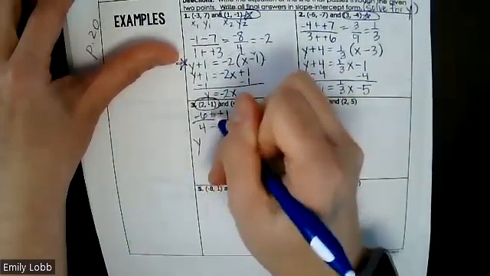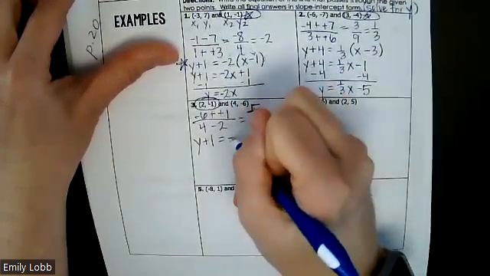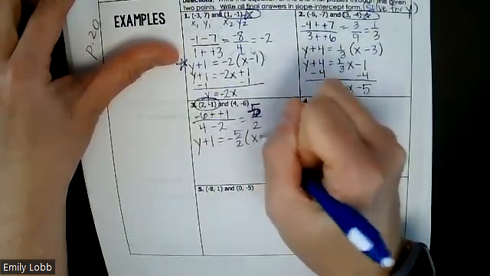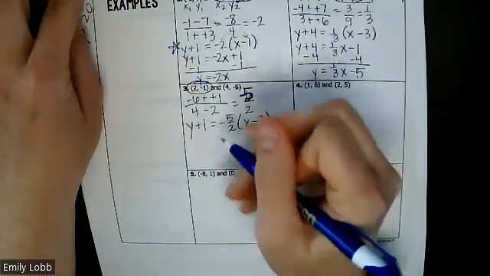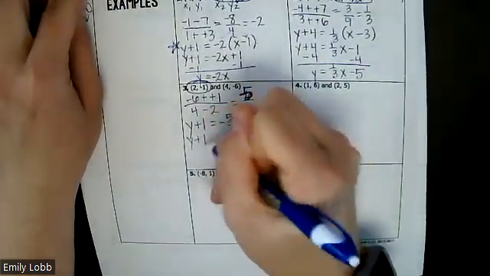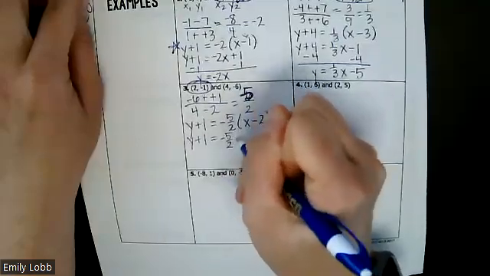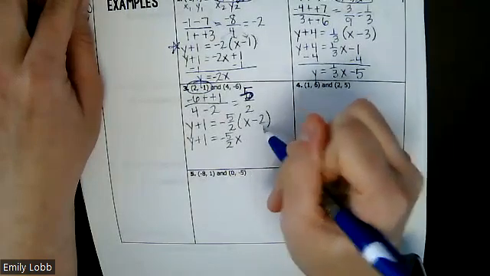So I'm going to say y, and then the opposite of my y value is equal to -5/2 times x minus the opposite of my x value of the point I've chosen. So here I've got y plus 1. When I'm distributing, I'm writing my slope next to x, and then I'm thinking of this as 2/1.